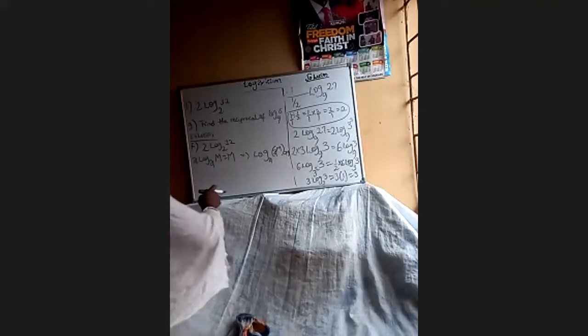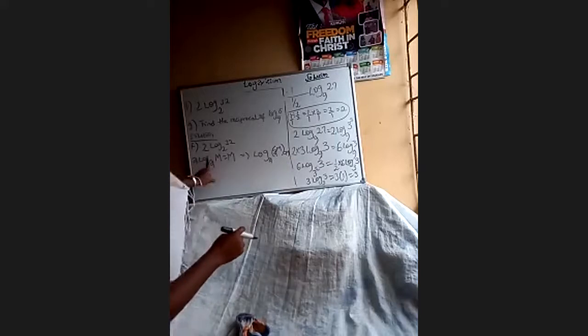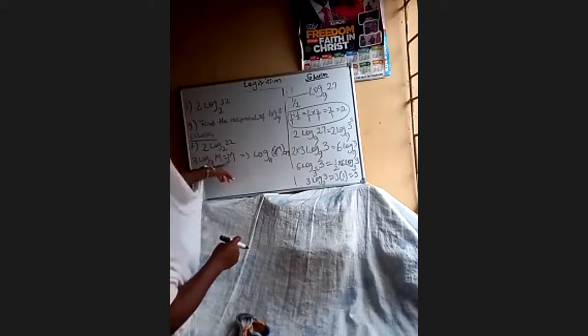The inverse rule states that logarithm of m to the base of a is equal to m.